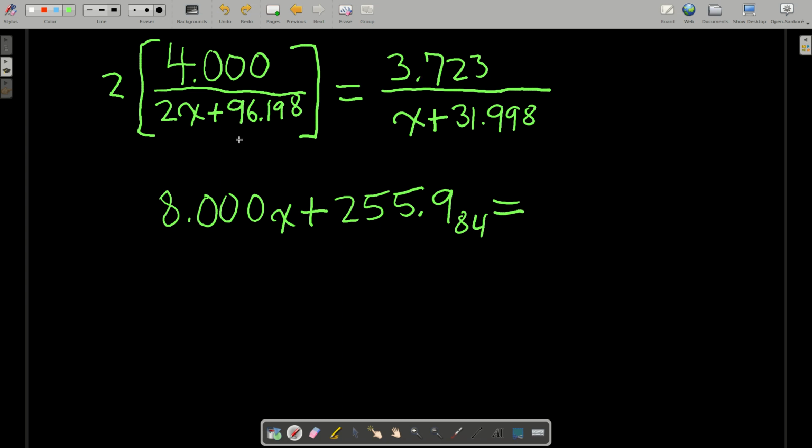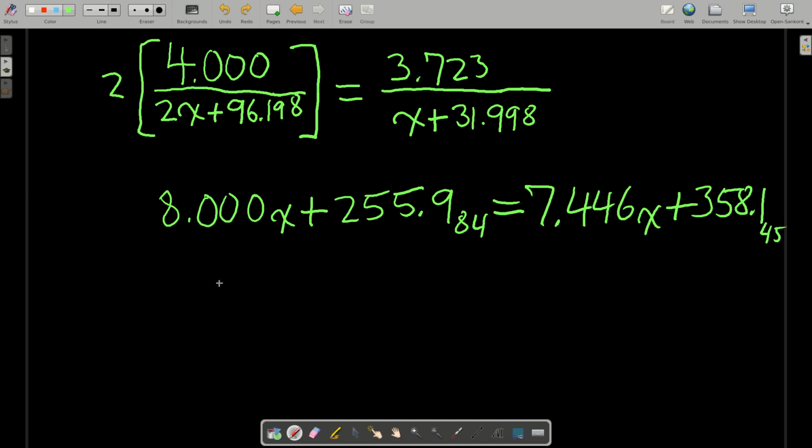Cross multiplying here, 2x times 3.723 gives us 7.446x plus 96.198 times 3.723, which ends up being 358.145.